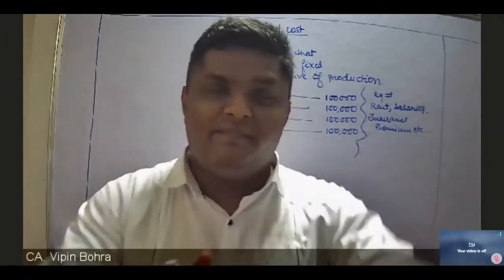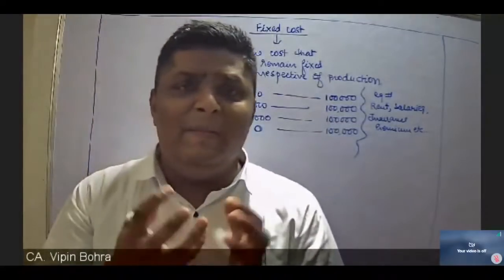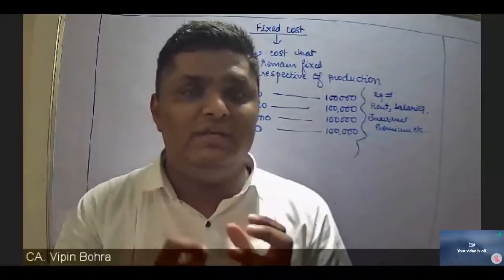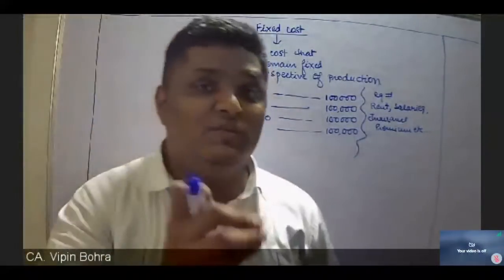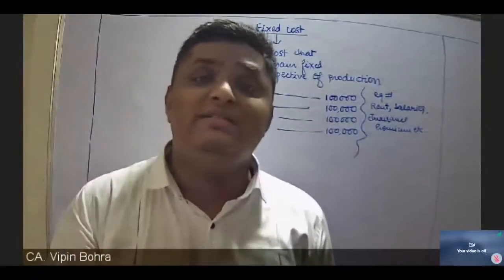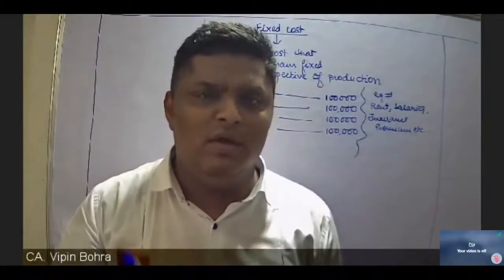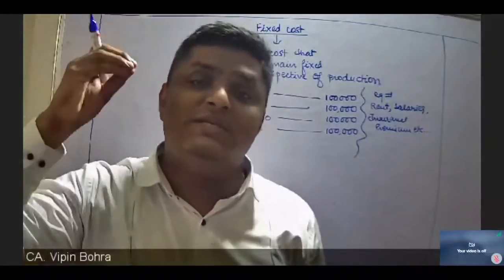Now, let's study a scenario. Many companies have to shut down their business. Why? The only reason is that they are not being able to recover their fixed cost. Because most of the companies who have to shut their business, the part which is responsible is the fixed cost.